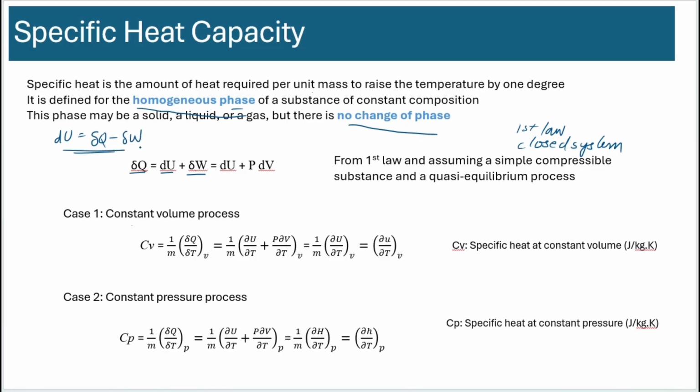So this is the first law for a closed system. Now there are two specific heats. One is at constant volume and one is at constant pressure. The property at constant volume is usually denoted by the term Cv, and the property at constant pressure is usually denoted by the value Cp.